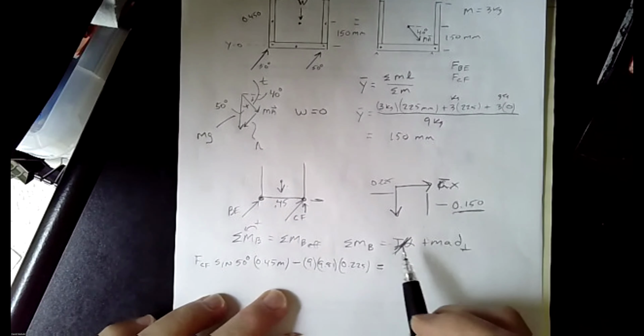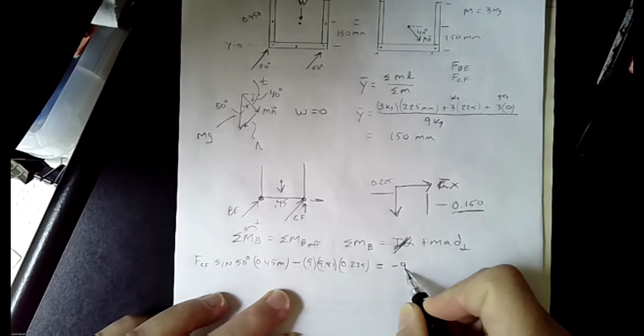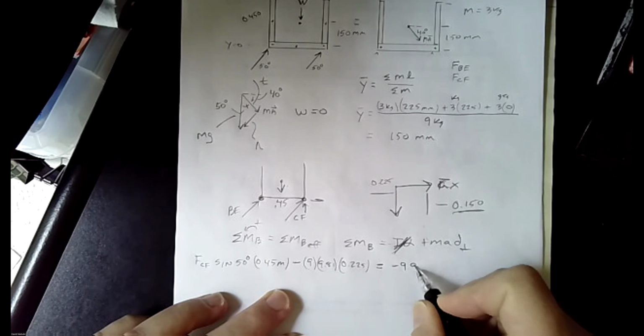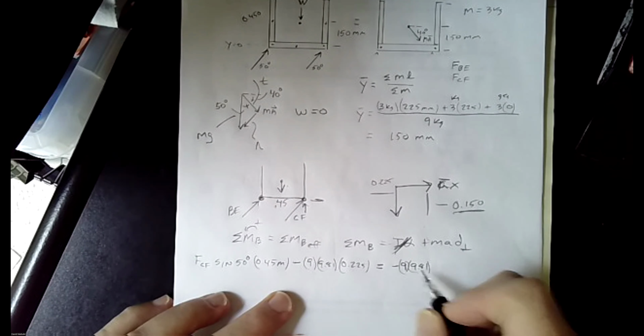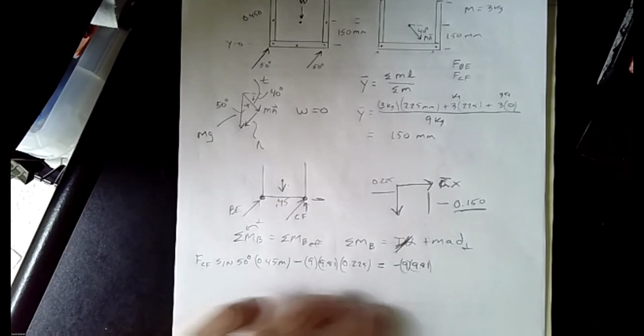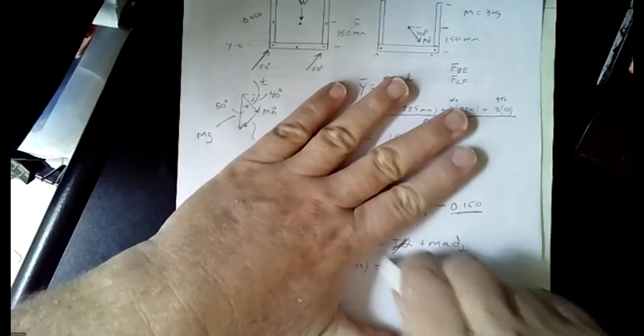So we have minus 9 mass times 9.8. Okay, so that's our mass. Oh, I apologize, I was looking at the wrong line. If I could edit it easily, I would.